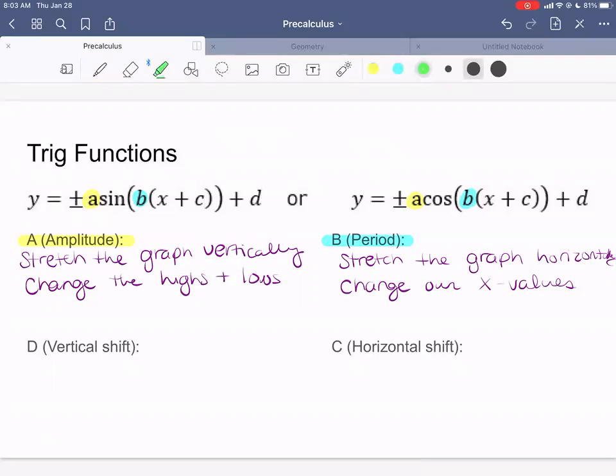Our d value is called a vertical shift, and I also call it a midline at times. So vertical shift or midline, they both mean the same thing. What this is going to do is move our whole graph up or down.